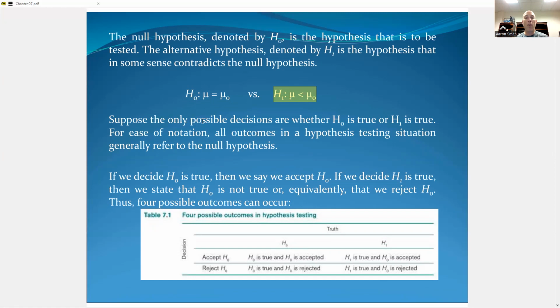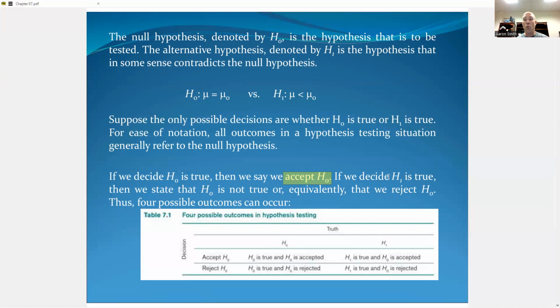Suppose the only possible decisions that we could make are either that H0 is true or H1 is true. For ease of notation, all outcomes in hypothesis testing situations are generally referred to the null hypothesis. If we decide that H0 is true, then we say we accept H0.